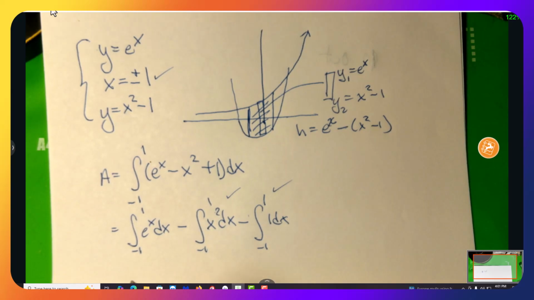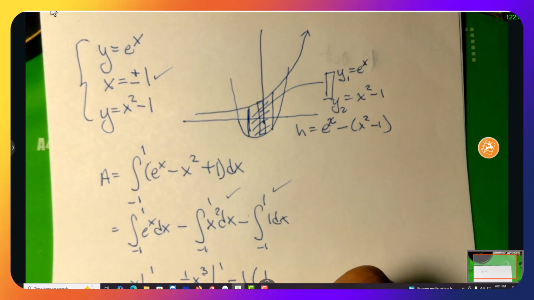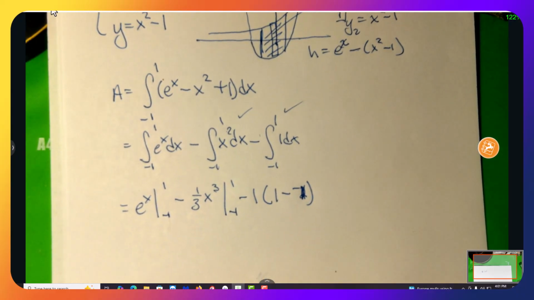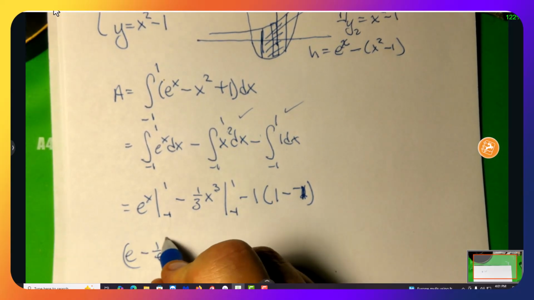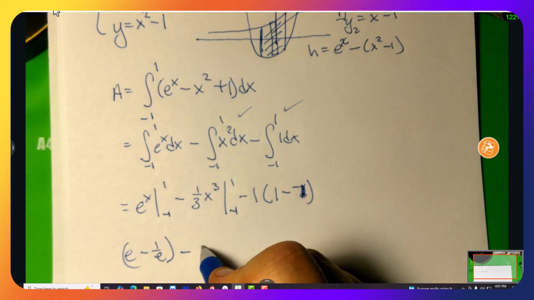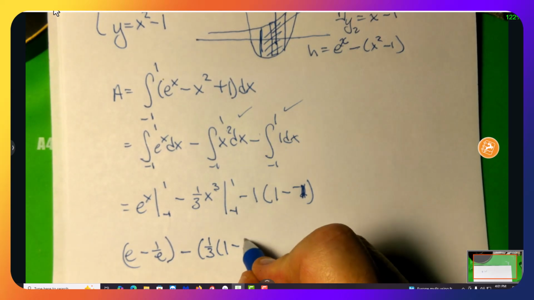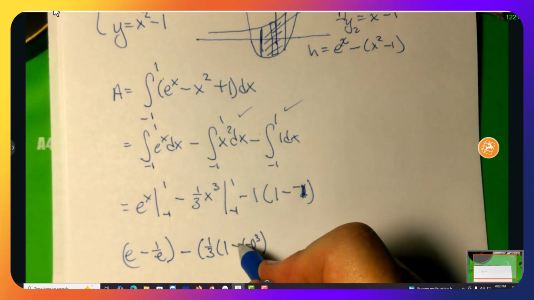So this is e to the x, antiderivative. We're going to 1/3 x cubed. The height is 1, and the distance is 1 minus -1, so I'm going to use the idea that this is a rectangle. So this is e minus 1 over e. That one wasn't so bad. Minus, this is 1/3 times 1 minus -1 cubed. When you cube -1, that becomes -1.